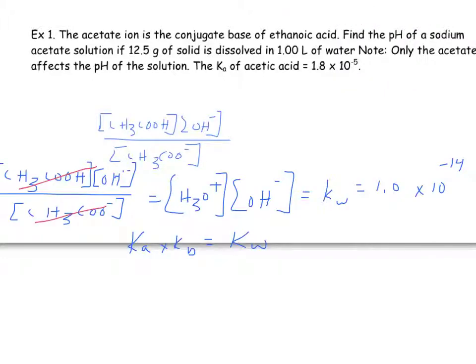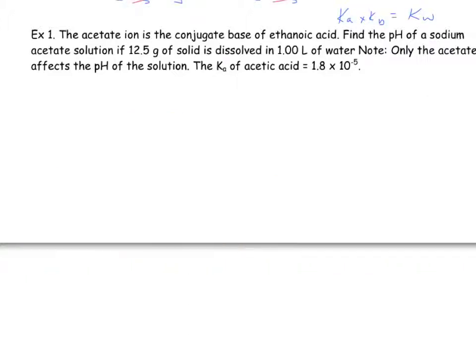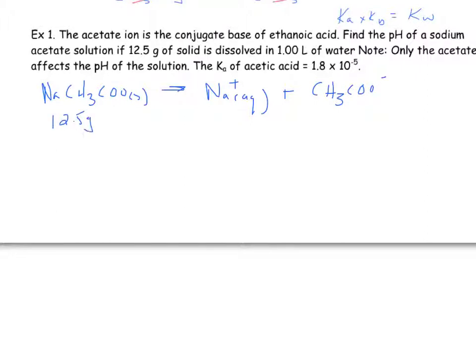First, let's find the concentration of acetate that will be in our system. We're going to write an ionization equation. When solid sodium acetate is dissolved in water, it will make an Na1+ and an acetate ion. The question tells me I dissolve 12.5 grams of sodium acetate in a liter of water.